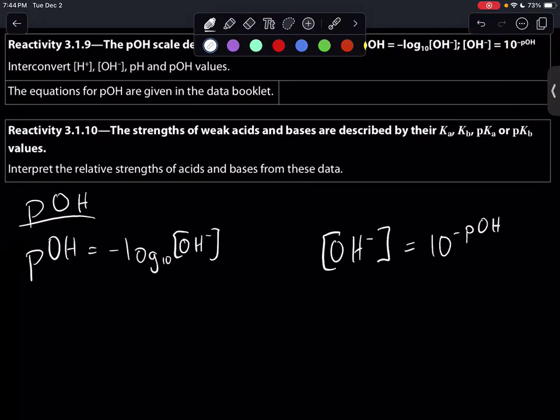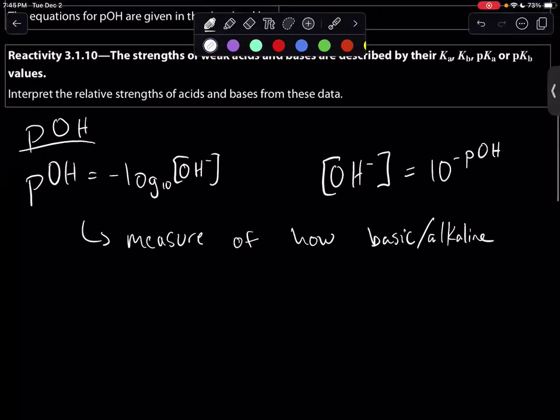So it's the exact same thing as hydronium or hydrogen ion concentration and pH. This, of course, because it's hydroxide, is a measure of how basic something is, or alkaline something is, and that is pretty much all there is for pOH.